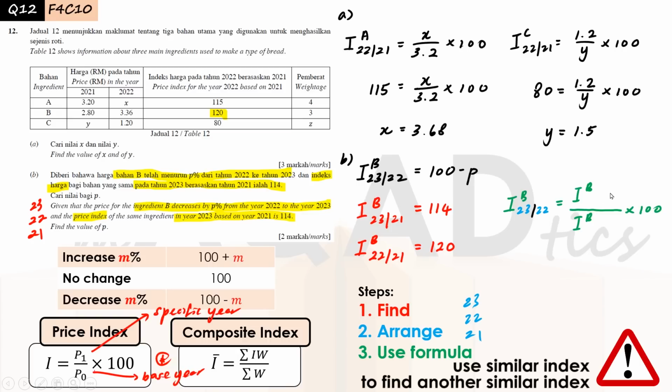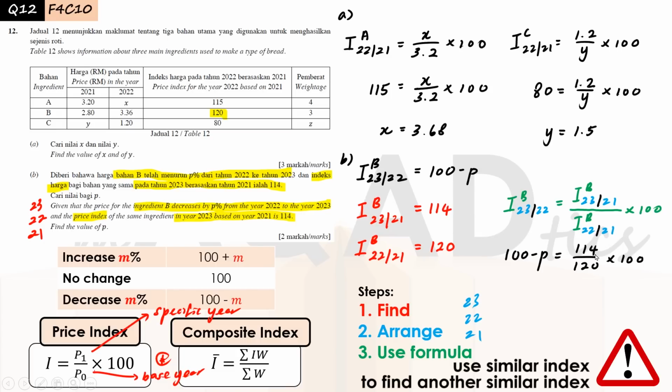On the right side, I am going to split these 2 years, so 23 will be on top and 22 at the bottom. And for the blank space here, I'm going to use the last year that we haven't used yet, which is 2021.